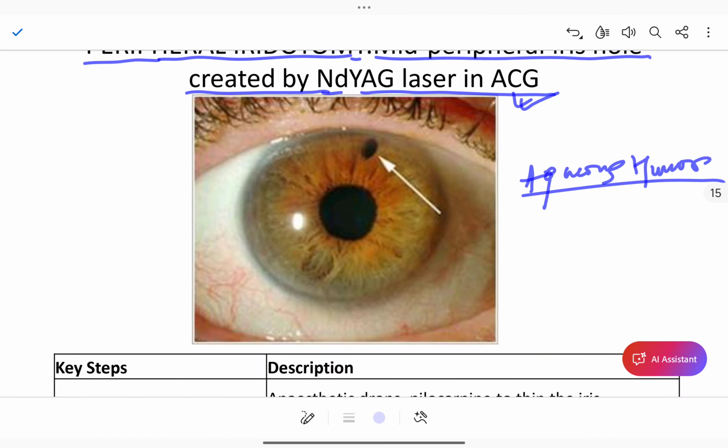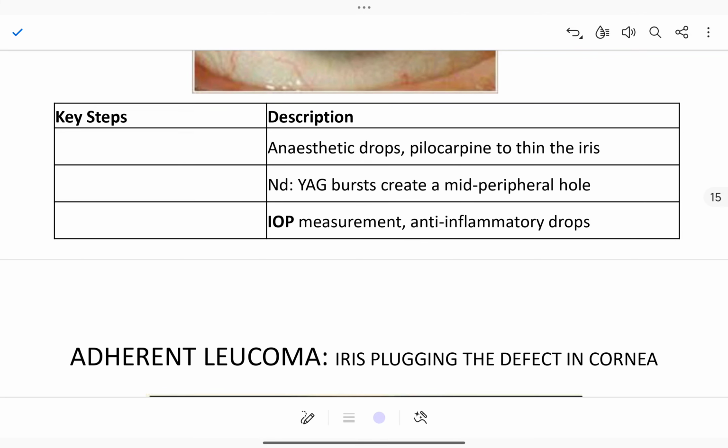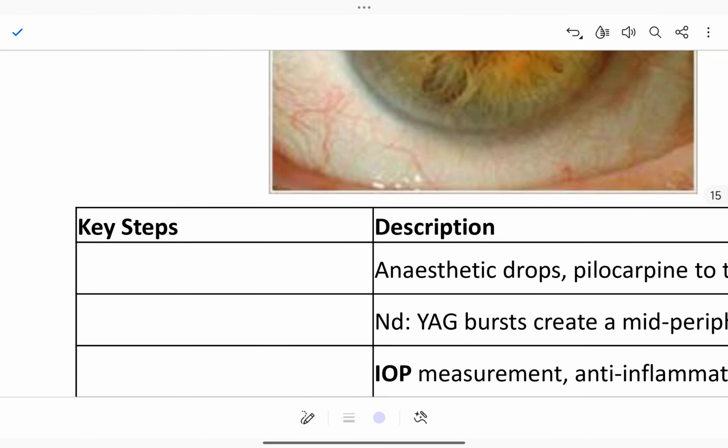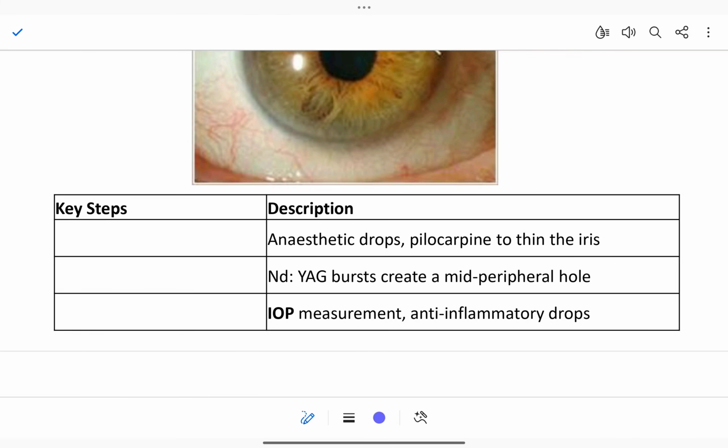So come to the key points, very very important points. These are the key steps of the PI.